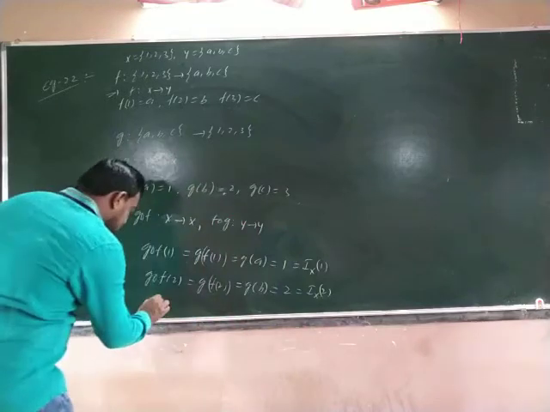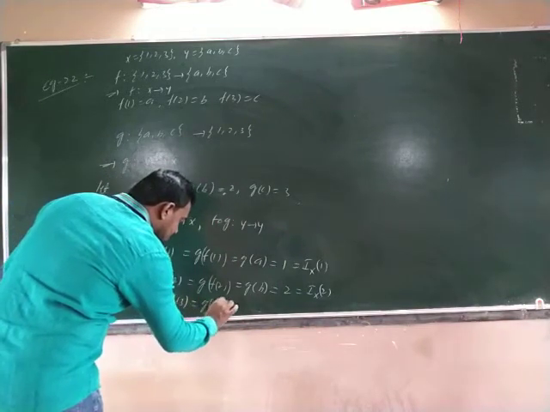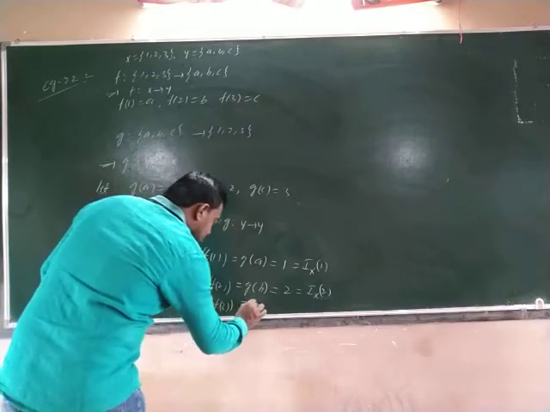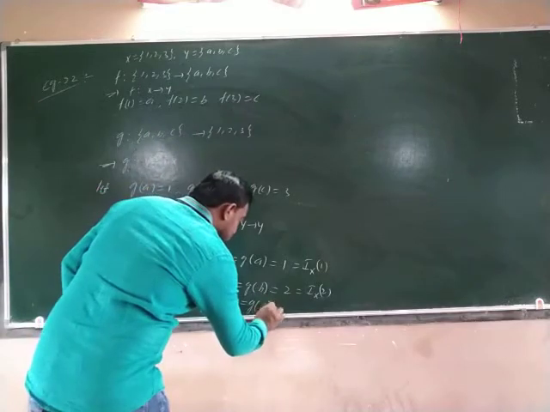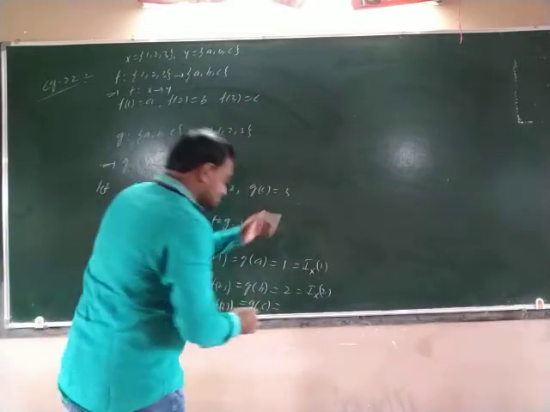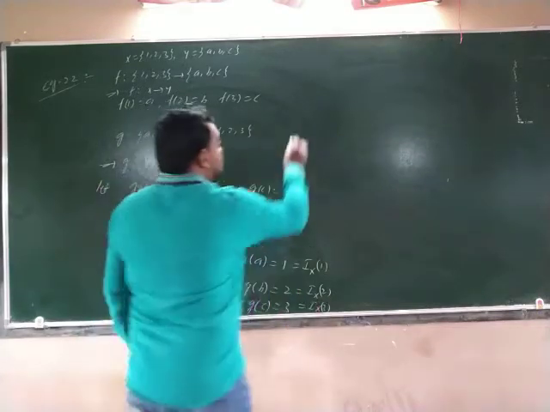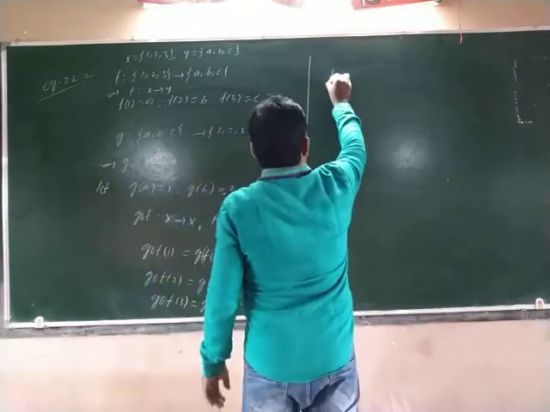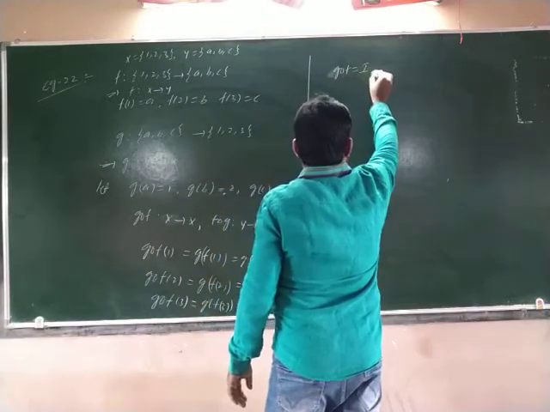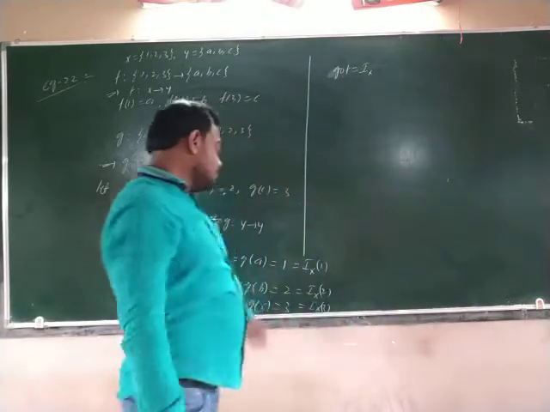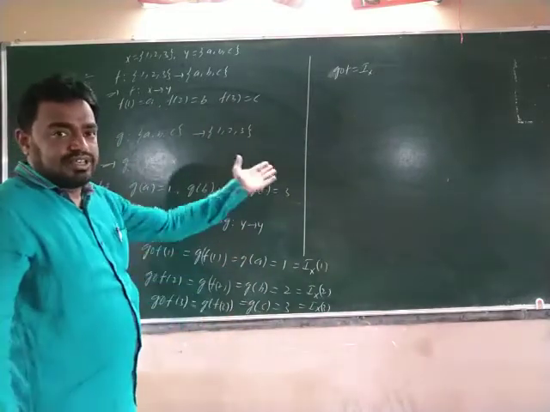Next, g circle f of 3 is g of f of 3. f of 3 is c, so g of c is equal to 3, which is ix of 3. Therefore g circle f is equal to ix, since they are the same elements.